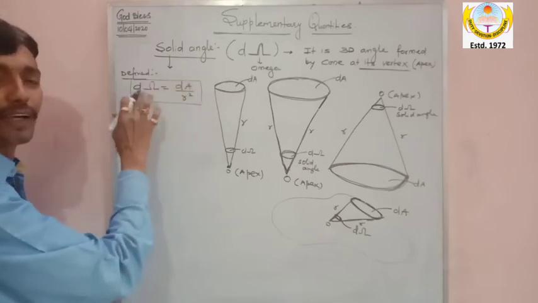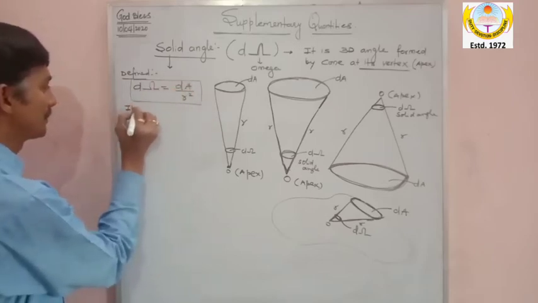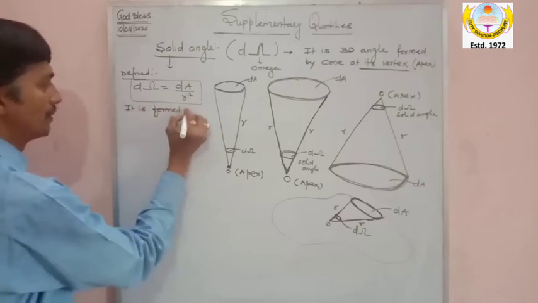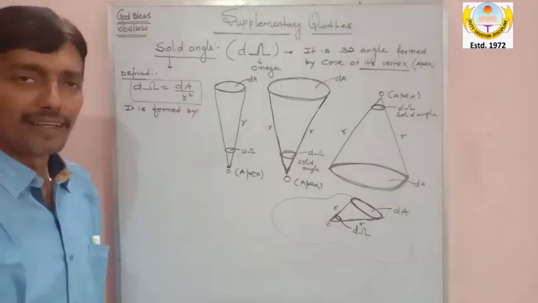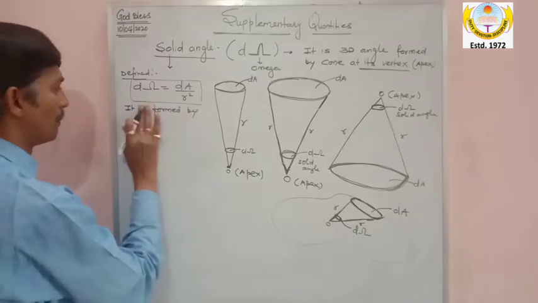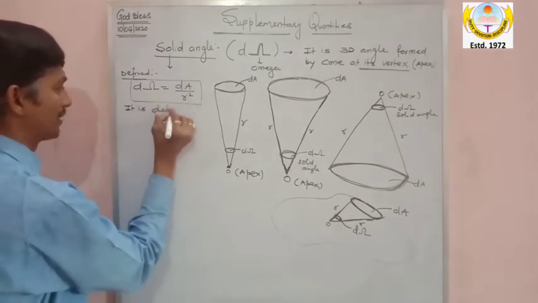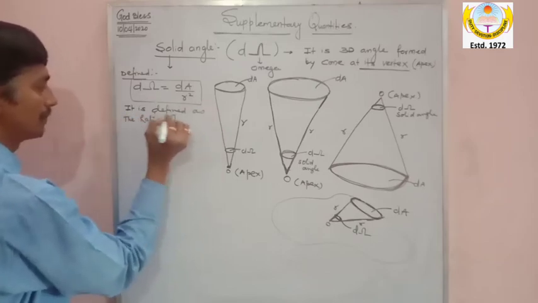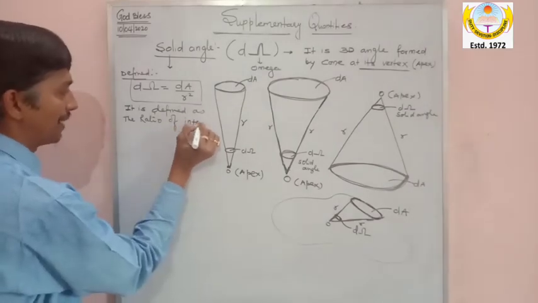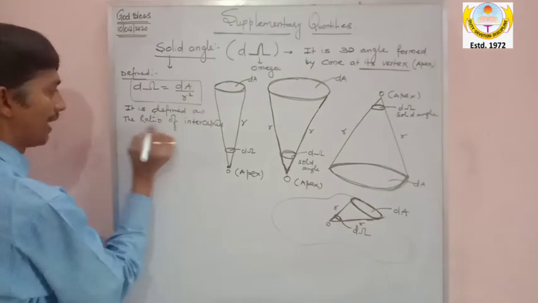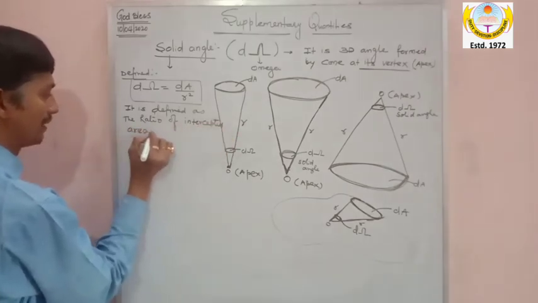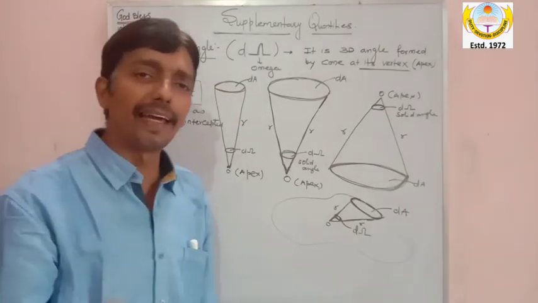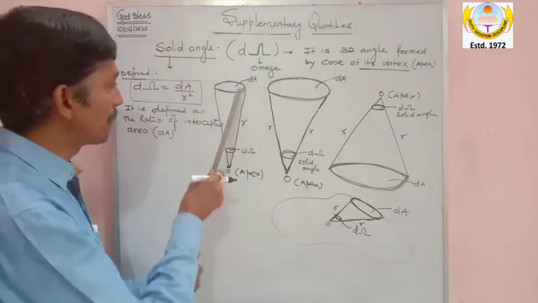So how do we define the solid angle? It is defined as the ratio of intercepted area dA, and this is the intercepted area of what?